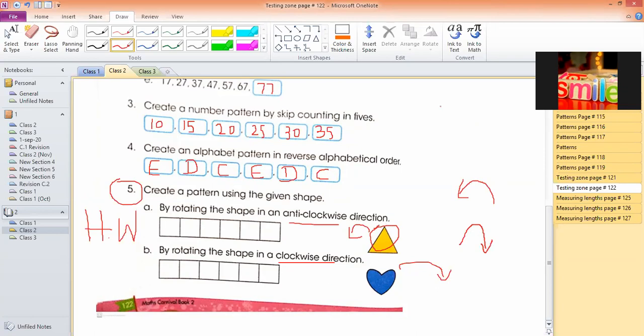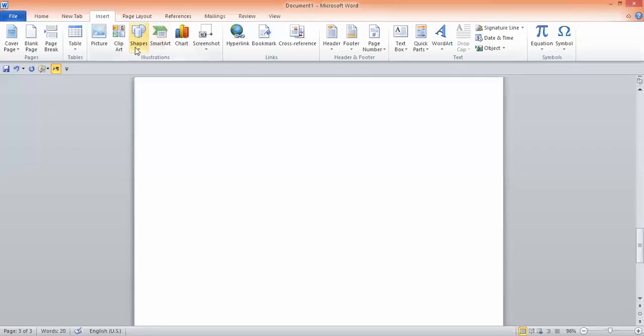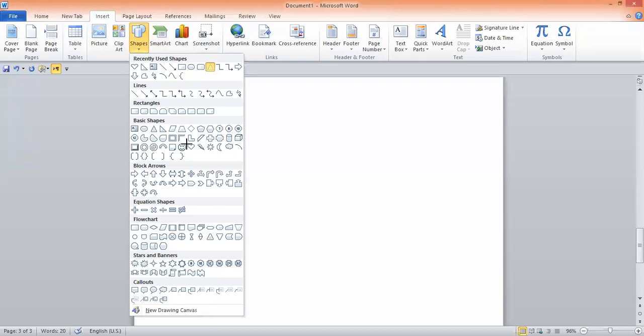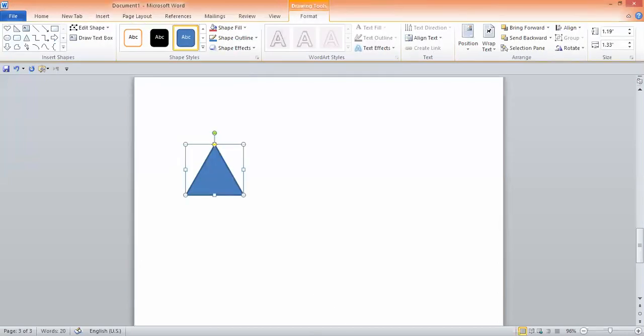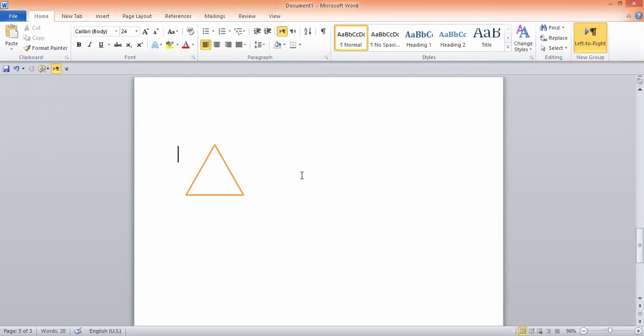Again, I am going back to that new screen. Look at that screen, guys. I'm going to draw a triangle here. This is a triangle. Now what we will do here, we have to move it anti-clockwise. Anti-clockwise means I will move this triangle in that direction.